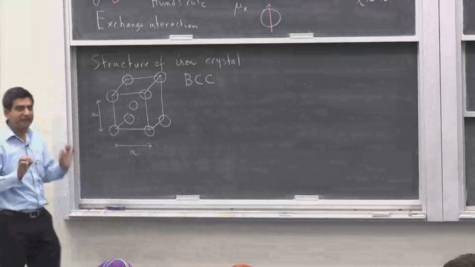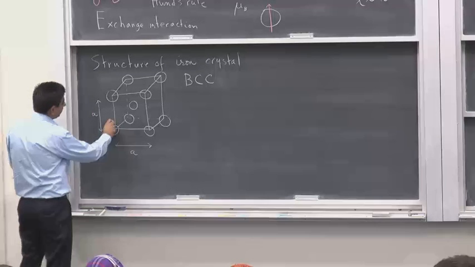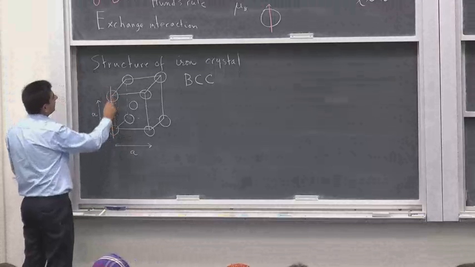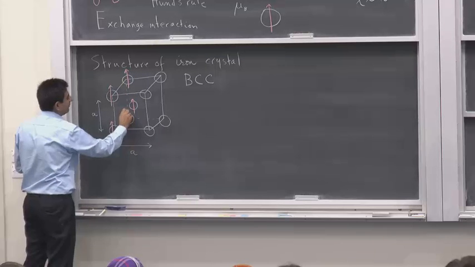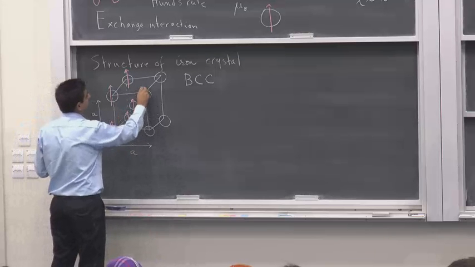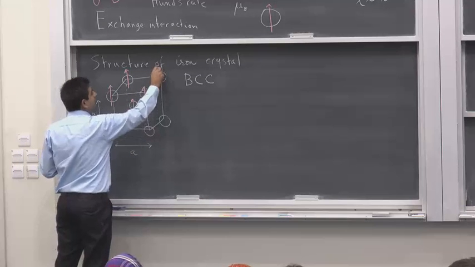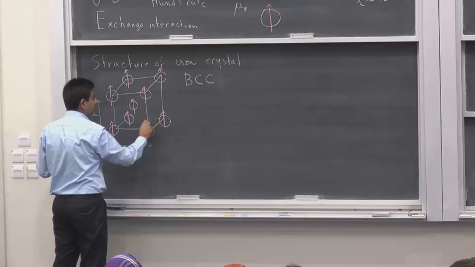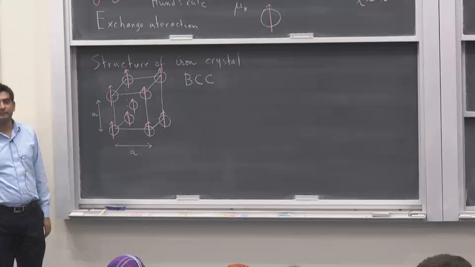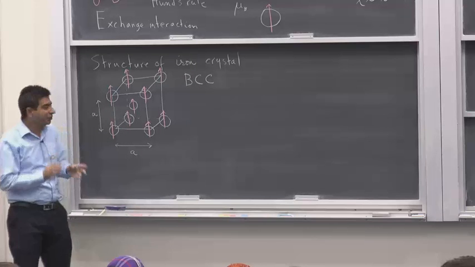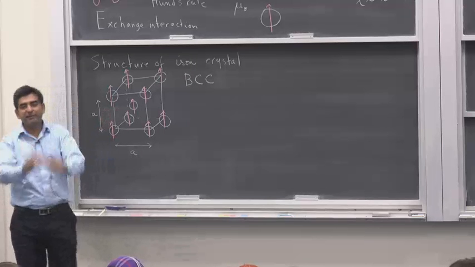Now because of the exchange interaction, all of these spins would like to point in the same direction, whatever that direction is. As a result, this cube has aligned magnetic dipoles.